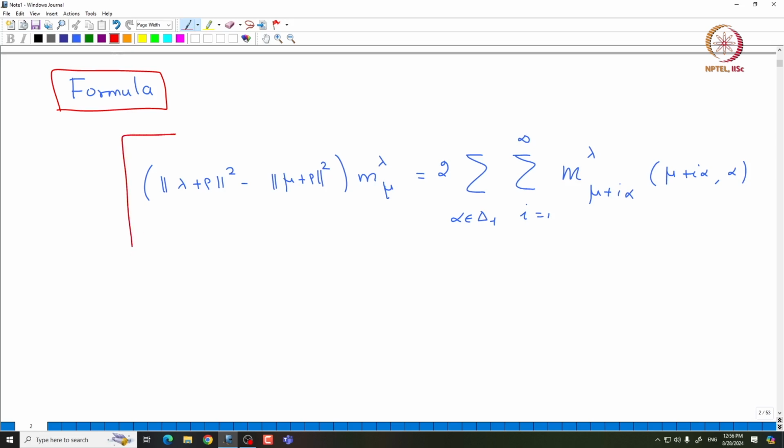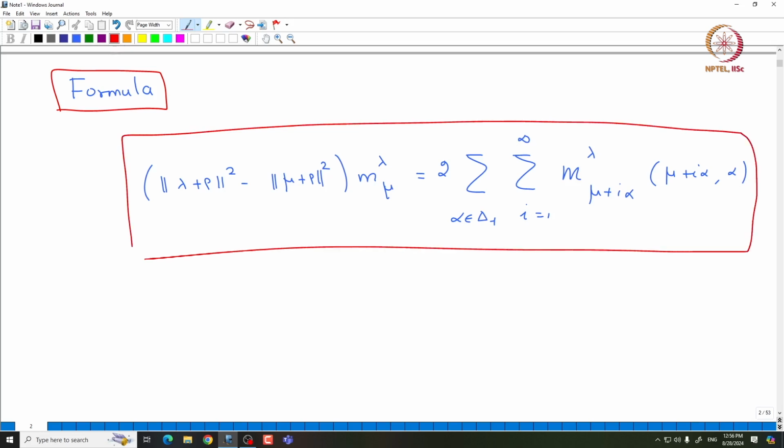This formula is indeed very powerful. You can see that the terms appearing on the right side lie above mu, because you start with mu and then add some i alpha. If it is a weight, it must lie above mu, and obviously all the weights are smaller than lambda, so it lies below lambda.